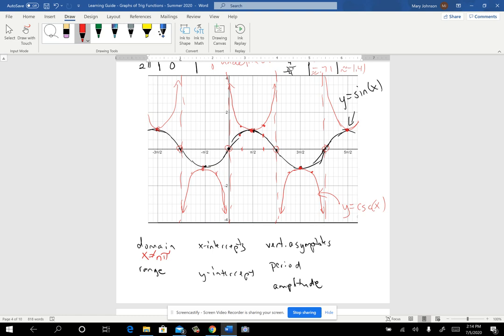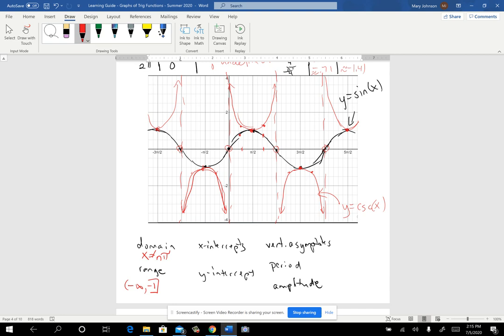All right, now looking at this, we're looking at what the y values of these points on the red graph are. So your y values can be anywhere from negative infinity until you get to -1, including -1.